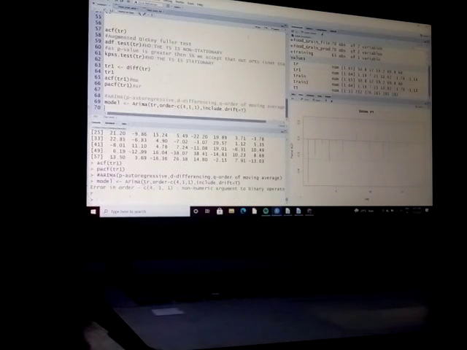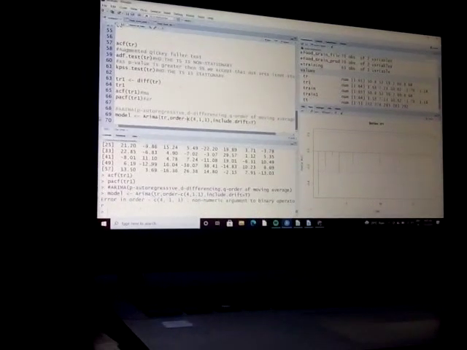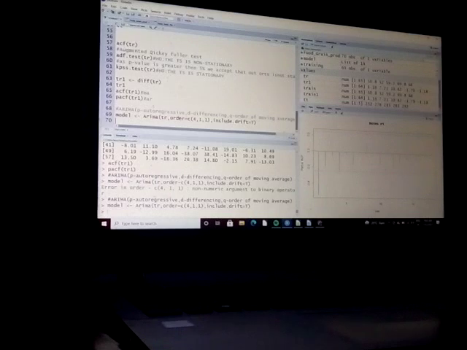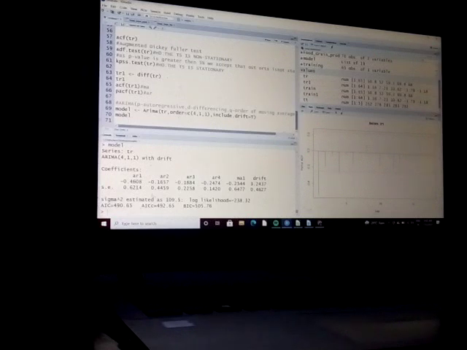It's giving an error, one second. Okay, so this was a mistake, and here is the model. Here are the results. If you want, you can also do the summary of the model.